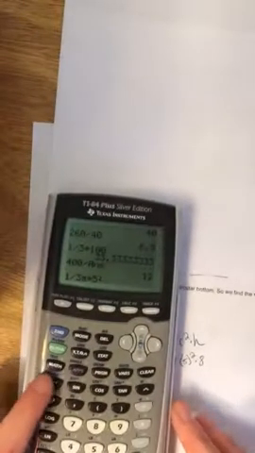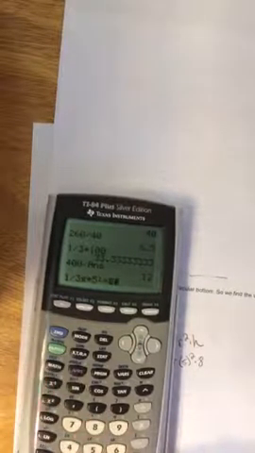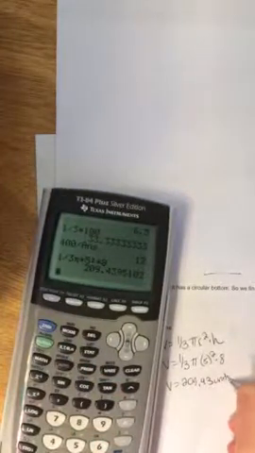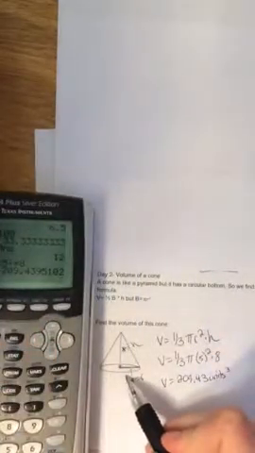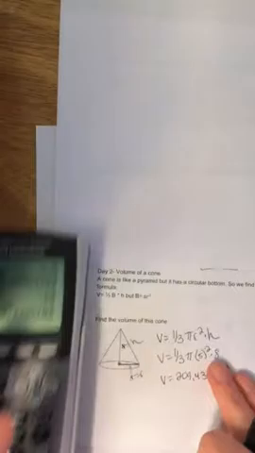There's this cute little square key right there, so you don't have to do 5 times 5 times 8. That gives me 209.43. Oh, there's no units. So units cubed. All I did was plug in my radius, plug in my height, and calculate it all out, okay?